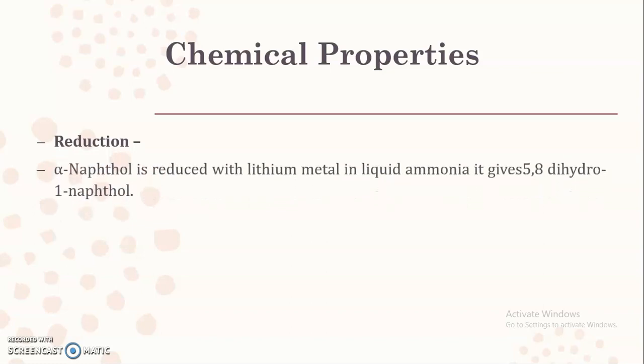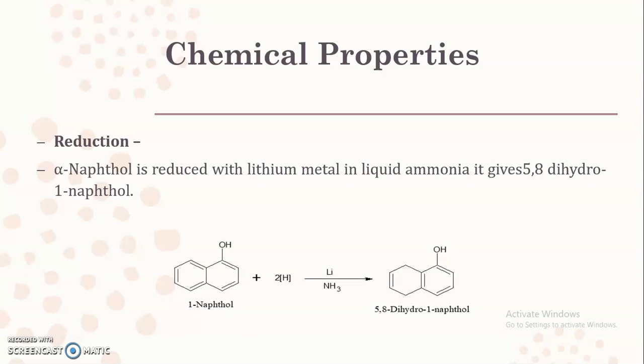In this case, when alpha naphthol is reduced with lithium metal in the presence of liquid ammonia, it gives 5,8-dihydro 1-naphthol. Here you can observe this reaction where 1-naphthol is treated with lithium in the presence of liquid ammonia. The carbon atoms present at the 5th position and the 8th position are converted into the saturated form.